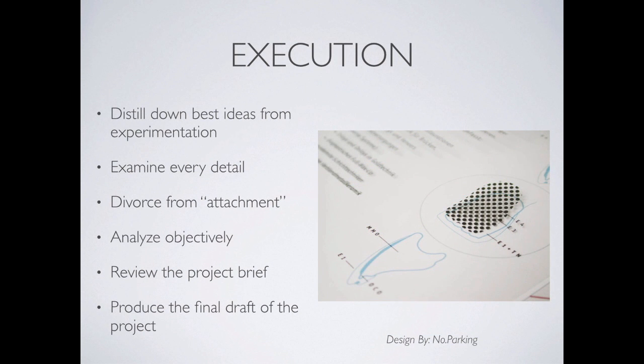Then we get down to the execution phase. This is where we're starting to cull and distill out the stuff that's working and the stuff that isn't, and really trying to focus down into one project, right? You have to really think about every detail. The best designers out there can think about the very large-scale picture stuff, right? What is the form of the overall building, or the form of the overall poster?